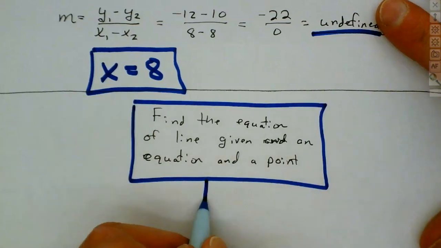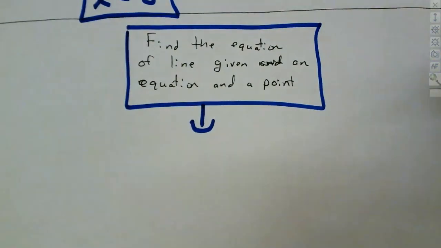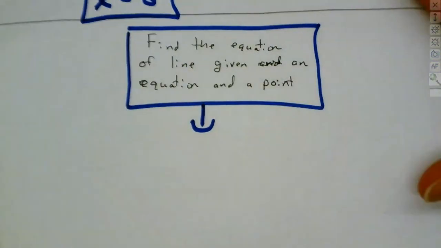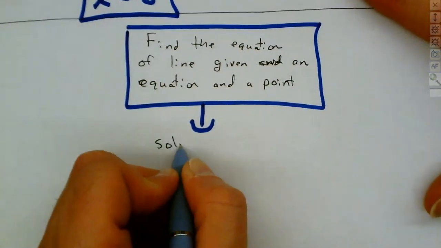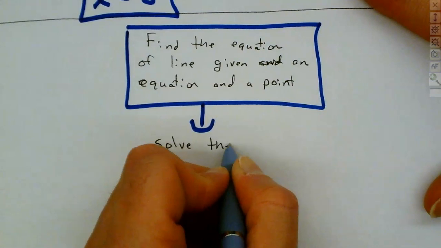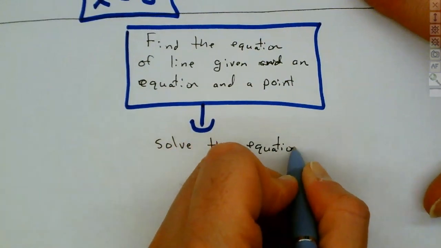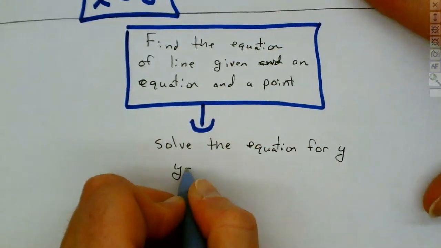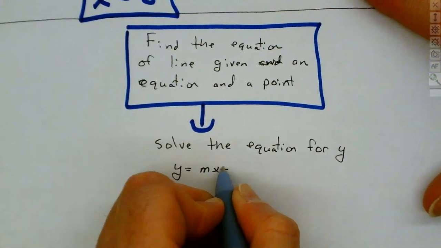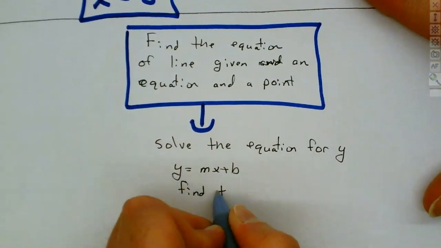So the first thing that we do, this is, I think, the most difficult one, is we take the equation and we solve it for y. So solve the equation for y. And so that is y equals mx plus b, and you're going to have to find the slope.